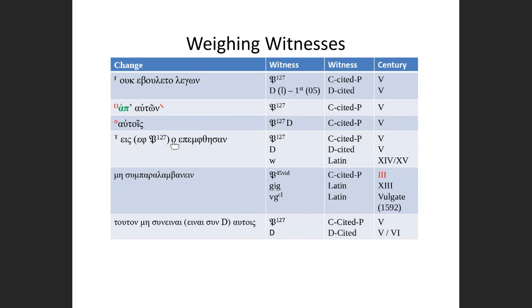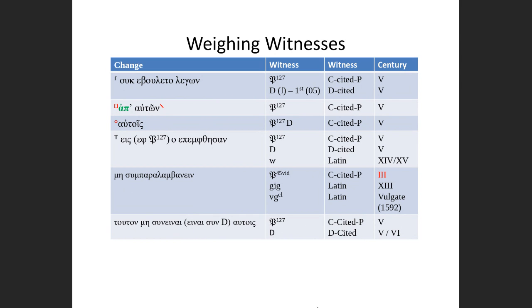The S epe ho pepemthesan is cited in the 5th century and later. The me sun paralamben is cited in Latin and in the 5th century. And the tuto me sun enai, or enai sun, utos is listed in the 5th century.